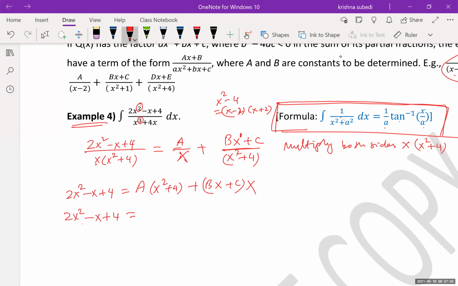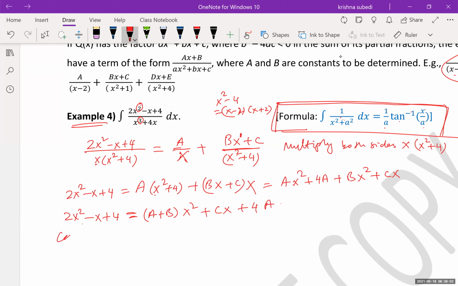This can be written as ax squared plus 4a plus bx squared plus cx. So I can take x squared common: a plus b times x squared, and then plus cx plus 4a.